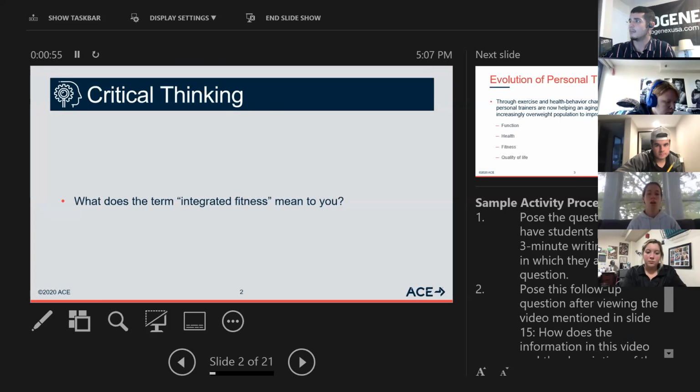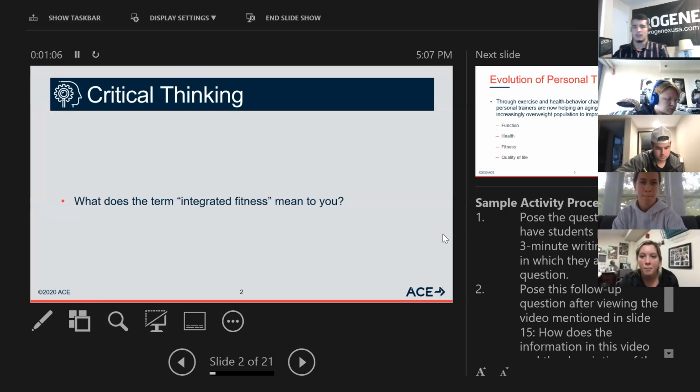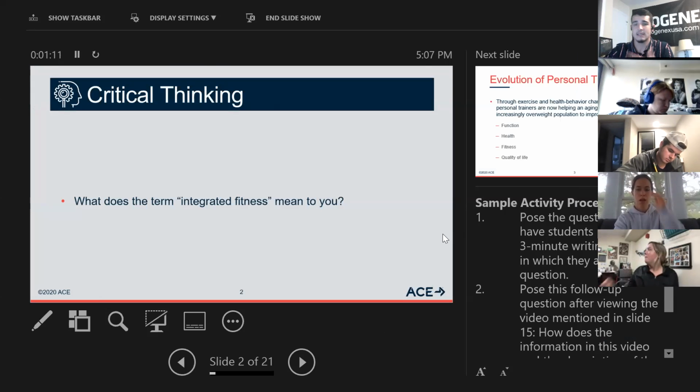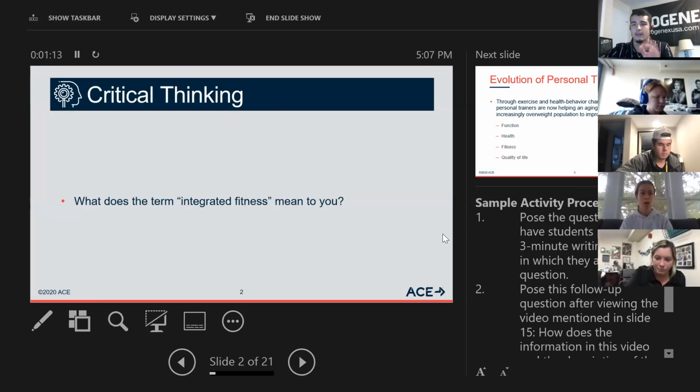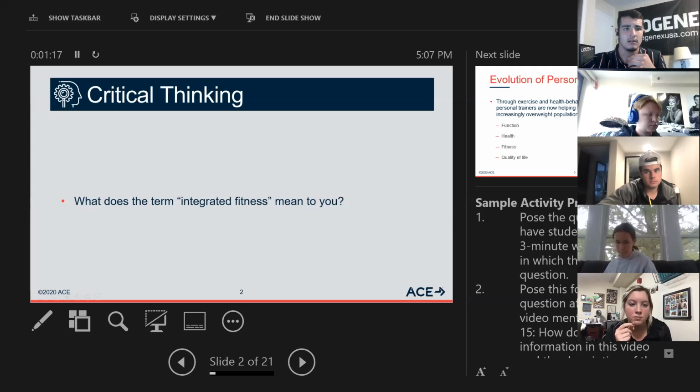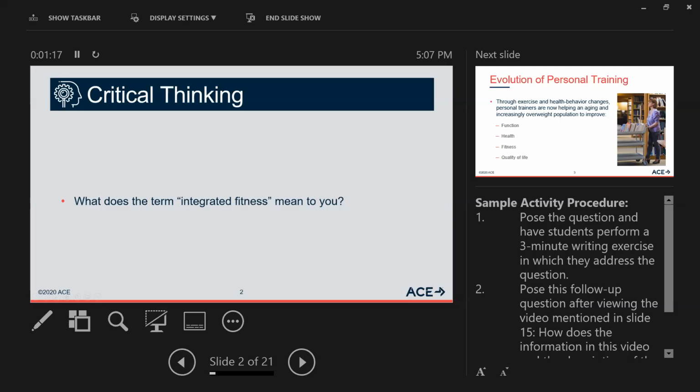Basically, sort of like we talked about last week, every aspect of healthcare, whether that be doctors, physical therapists, or occupational therapists, everybody has their own role to play in the overall healthcare system. That's sort of what they're getting at here.